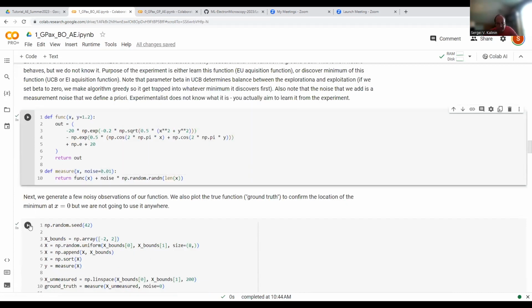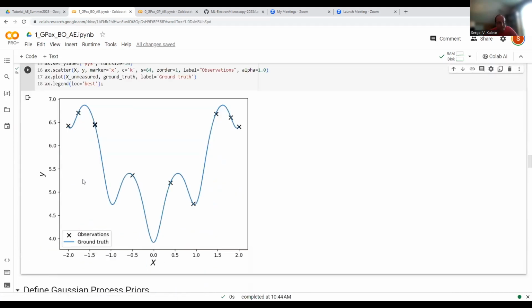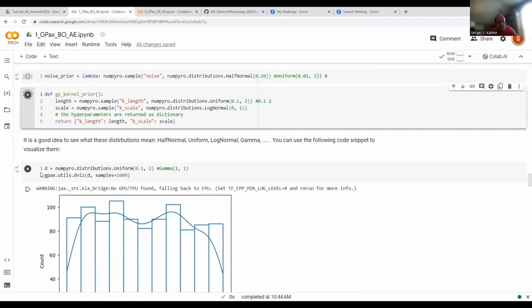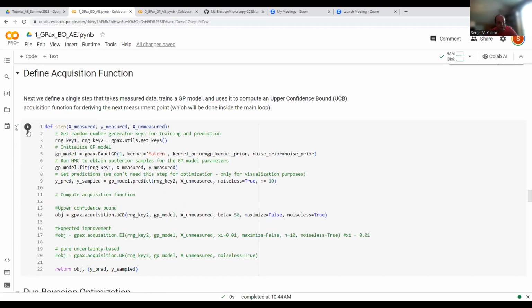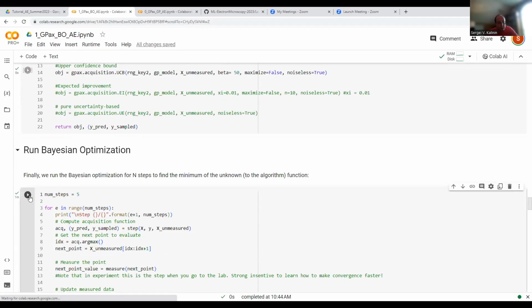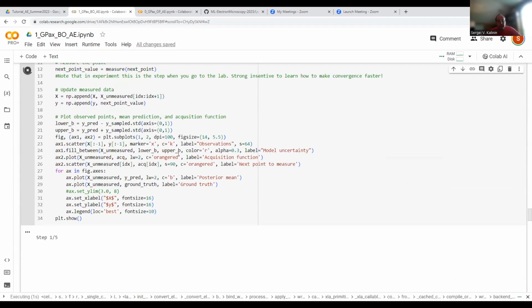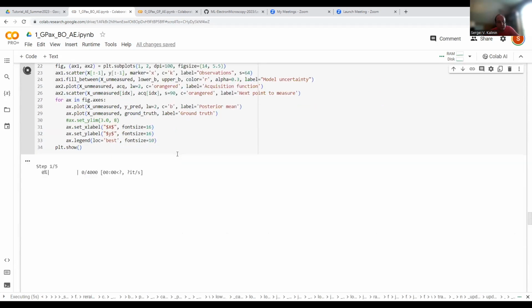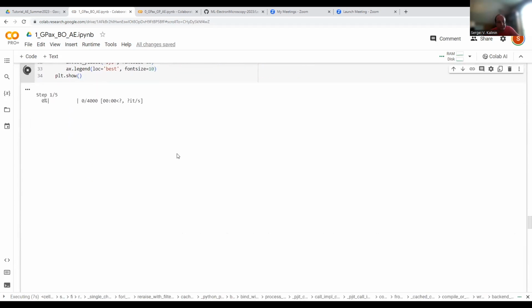So let's see what happens in this case. Redefine our priors, run the whole experiment one more time. Let's see what happens.